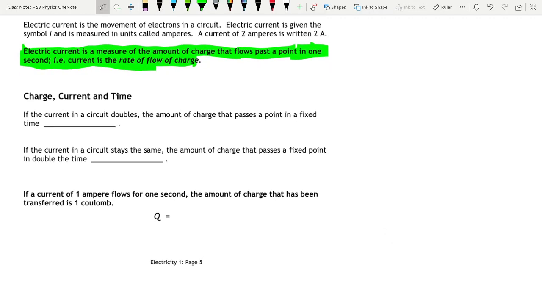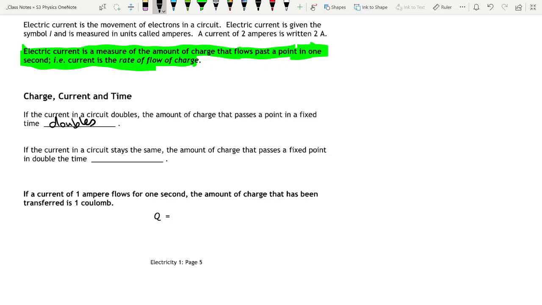So if the current in a circuit doubles, the amount of charge that passes the point in a fixed time would also double. Just like if I got half of you running cross country, if I got this half running, I'd only get 9 of you around the circuit passing a point.